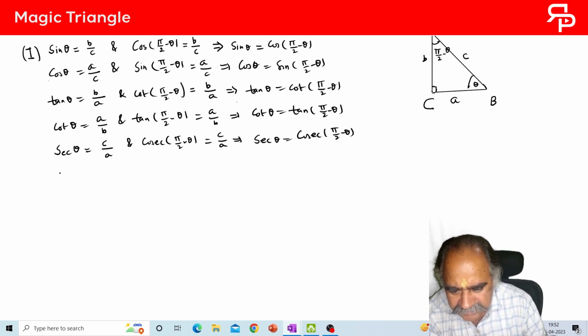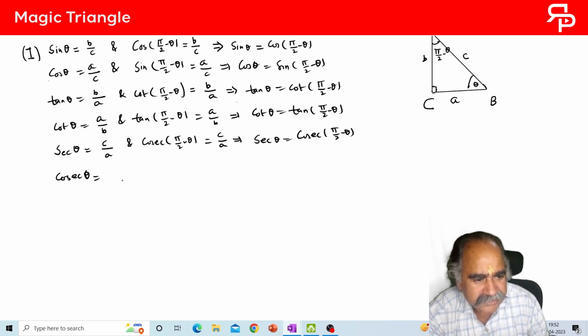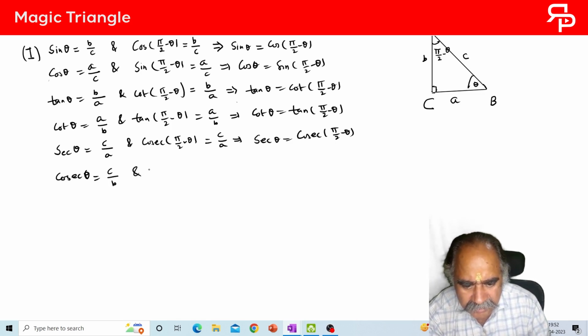And now cosec theta. Cosec theta is hypotenuse c upon opposite b. And what is sec of pi by 2 minus theta?